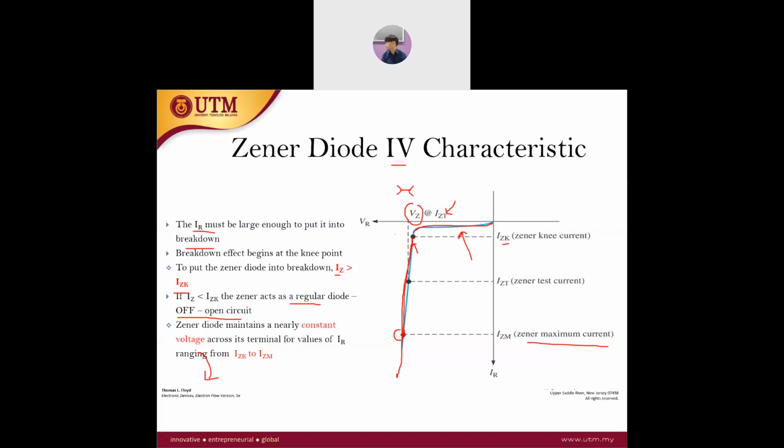Nearly constant means not constant. If it were constant, it would be just 10 volts, 10 volts, 10 volts, which is not true. Nearly constant means, for example, 10, 10.1, 10.2, something like that, not simply 10, 12, 13. So there is very little delta V difference.